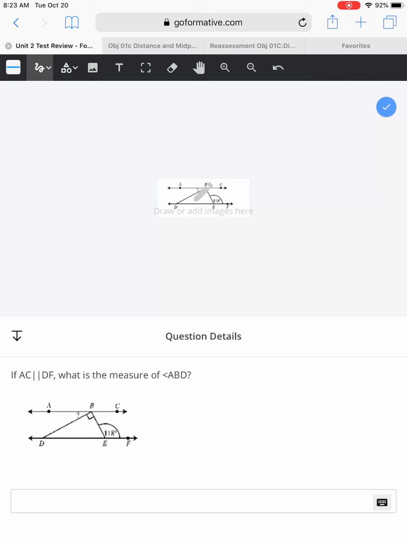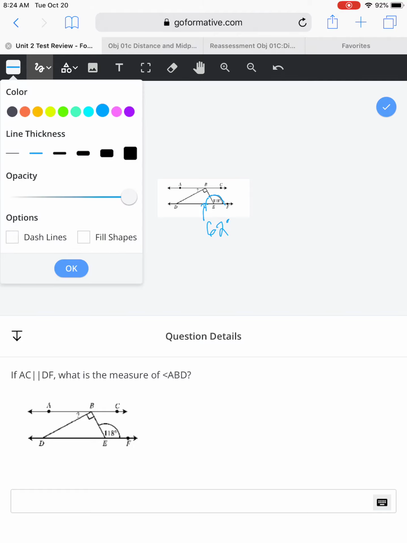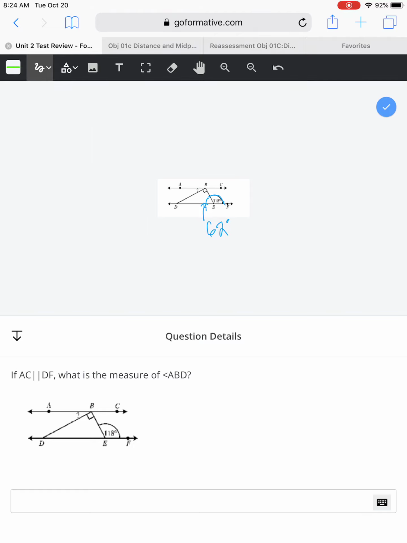Okay, 28, a little bit more interesting. This angle is 118. Then the angle next to it, this guy here, is going to be 62 degrees. Now, I'm trying to find this angle here. Actually, you know, there's a better way to do this one.